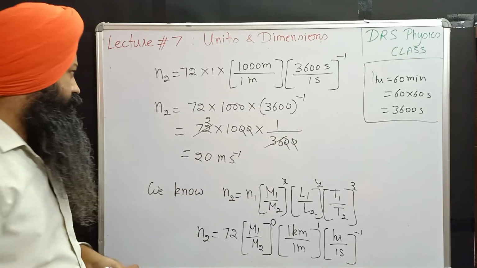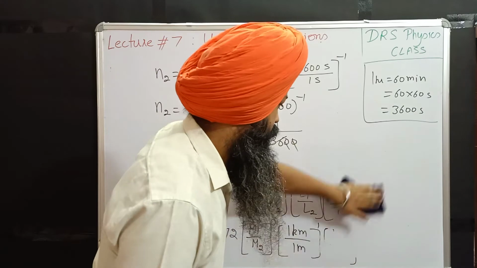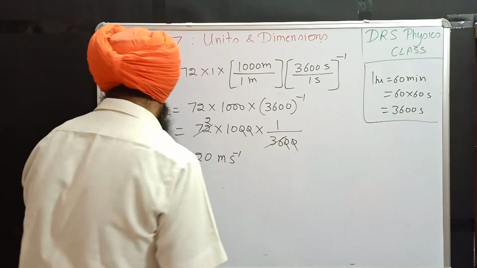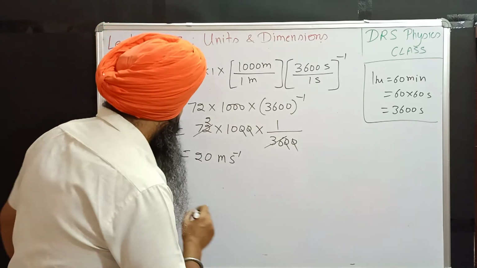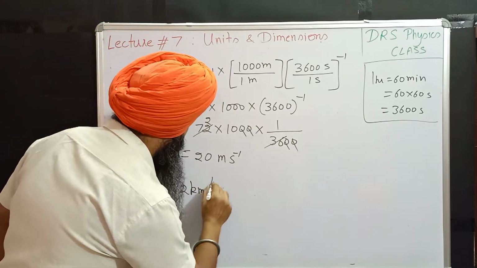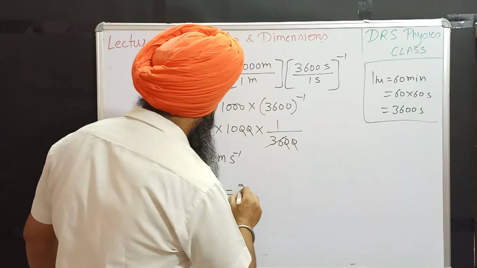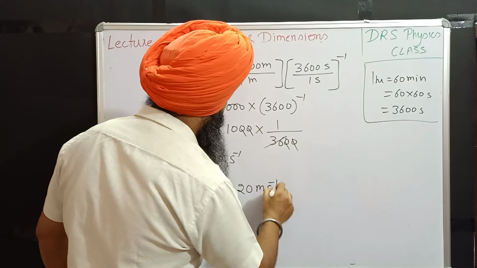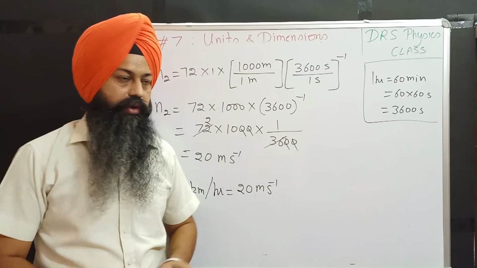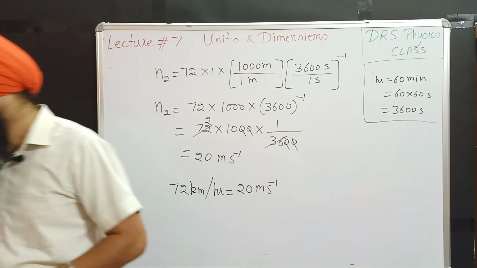So 20 meter per second. So we have found the relation that this value, 72 kilometer per hour, if converted into meter per second would come out to be 20 meter per second. So there are many problems which can be discussed like this. So let us write few more examples.